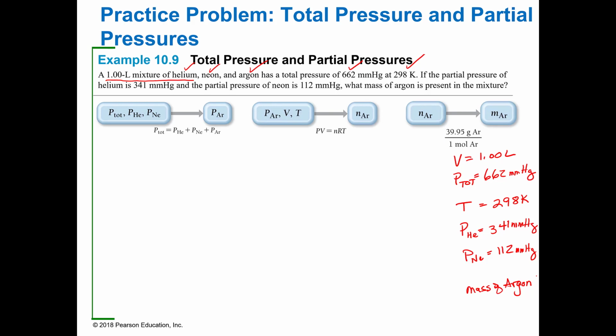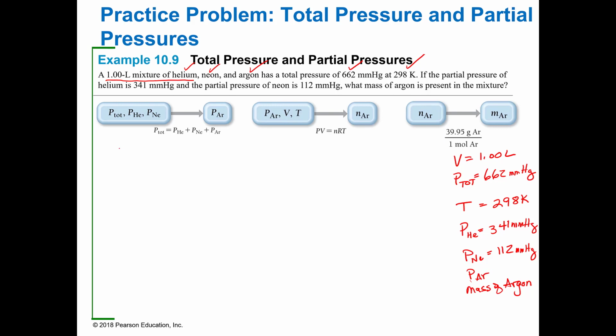Now, when you first look at this, you're like, okay, that didn't give me the partial pressure of argon, but it did give me enough information to figure it out, because it gave me the total pressure and 2 of the 3 partial pressures. So the difference between the total pressure and the partial pressures of the other 2 is going to give me the partial pressure of the argon.